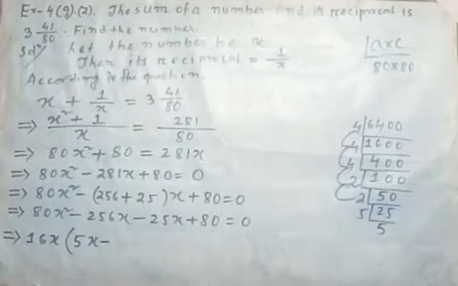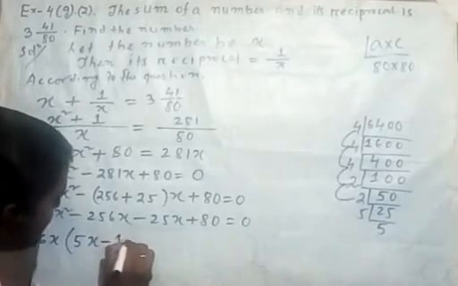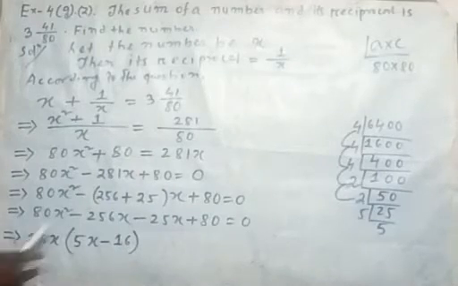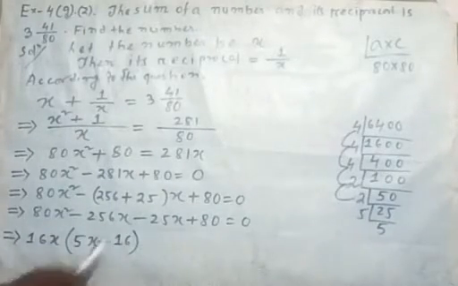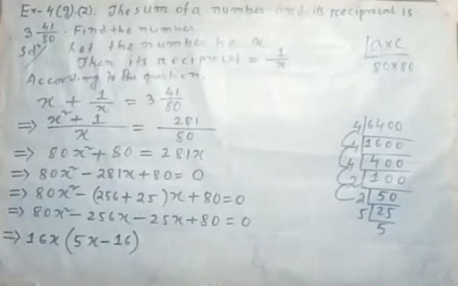How much remains? We have to multiply by 16, because 16 into 16 is 256, and x is already taken common. So what expression did you get? 16x into 5x minus 16.